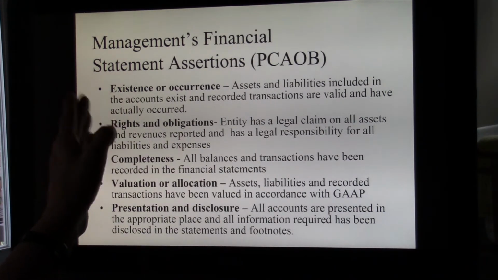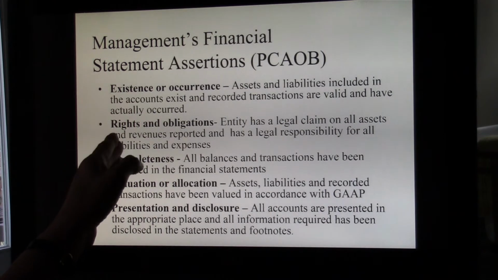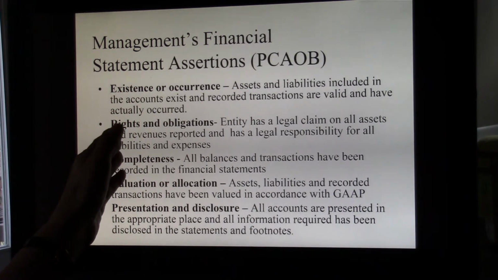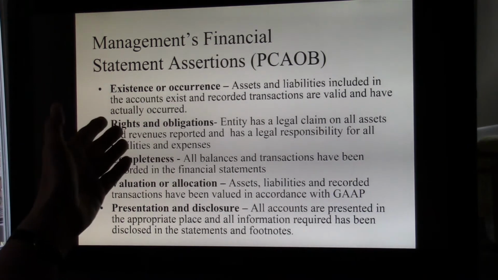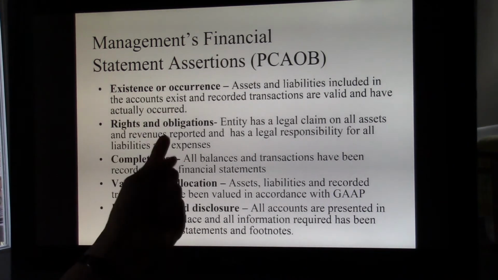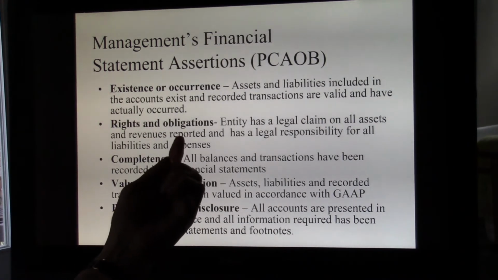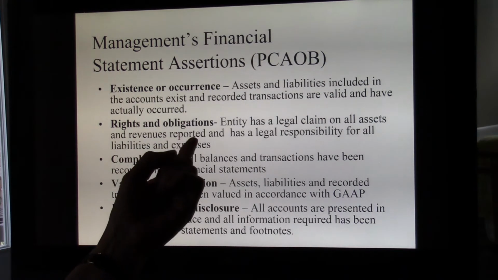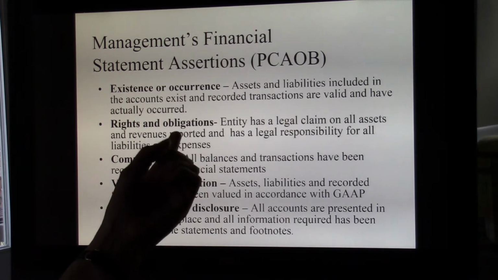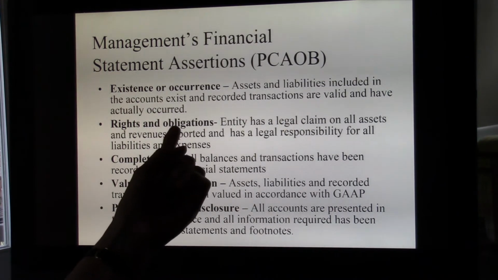So if I'm saying I own an asset, I actually own it. It's not leased. If I have inventory, it's my inventory. It's not on consignment. I have the right to that. Or obligations, I'm actually responsible to pay that liability or that expense. I actually owe that.